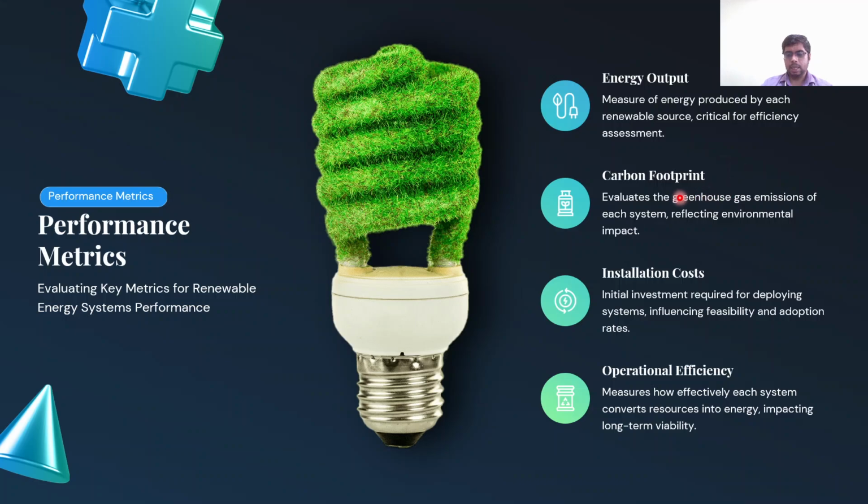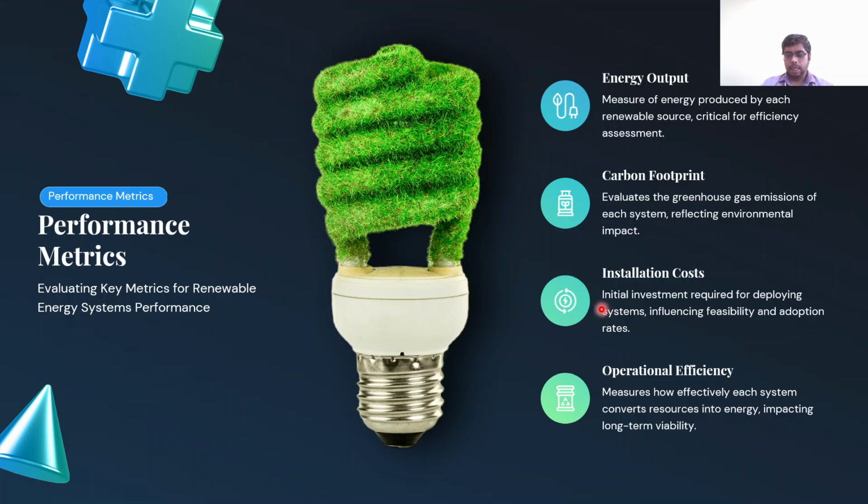which is one of the major parameters that we are going to evaluate: the greenhouse gas emission of each system, which basically says what the environmental impact of these different renewable energy sources is. Another important parameter is the cost associated with these different types of renewable energy sources.